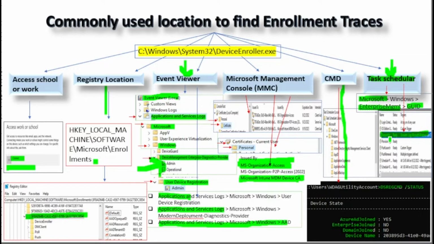That task is going to trigger deviceenroller.exe, so that the machine can join Azure AD or register in Azure AD. And then if the MDM scope is set to All or Some, and the user is allowed to enroll their device in Intune, the machine is going to enroll automatically in Intune.